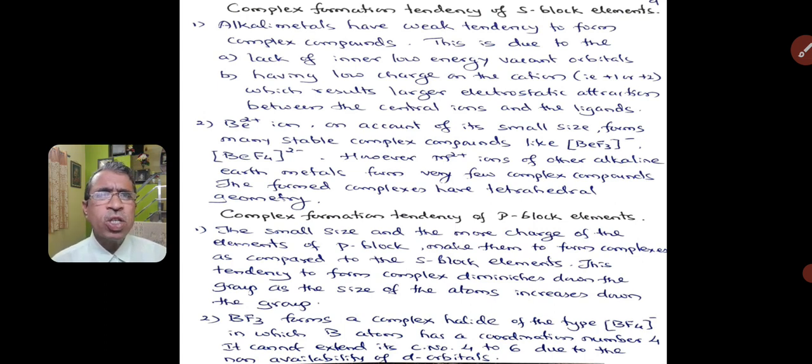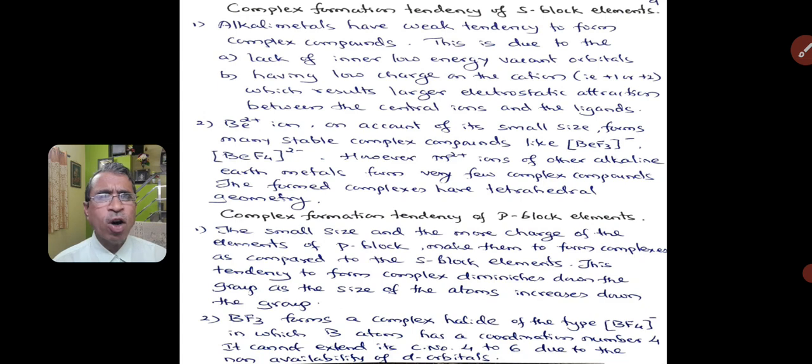Now, let us compare this property with the p block elements. The small size and the more charge of the elements of the p block make them form complexes as compared to the s block elements. This tendency to form complexes diminishes down the group as the size of the atoms increases down the group.